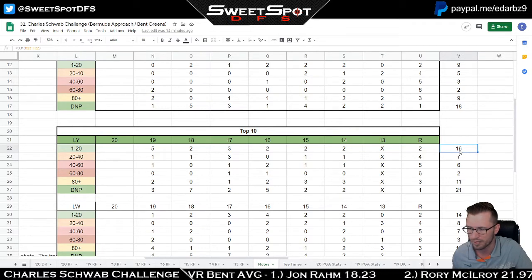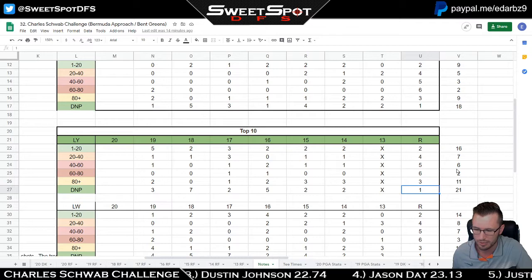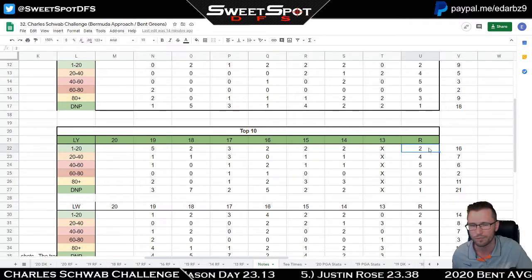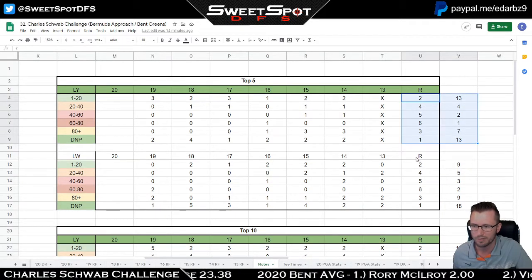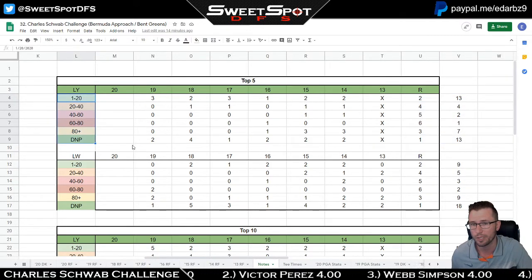So 1st through 20th finishing positions have less in that range than the did not plays. So that's why the did not plays get the last year bucket score 1 as opposed to the 1st through 20. And obviously you can see the rest of it correlates with each other. And then I color code that over here to make things easier when we select players.